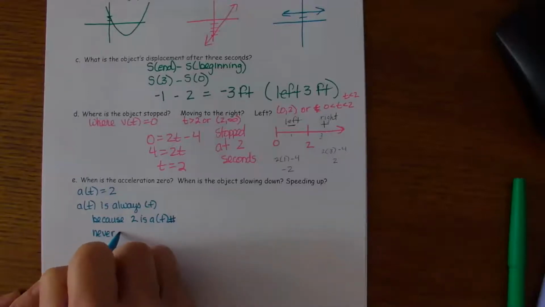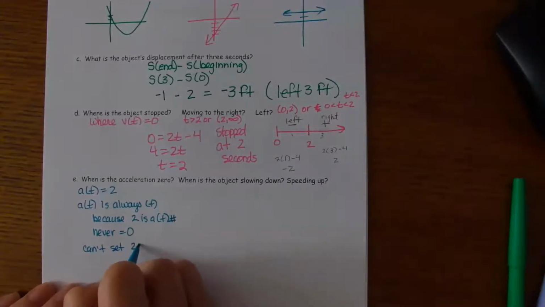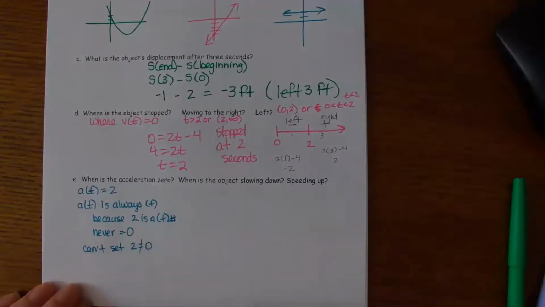Never equals 0. Can't set 2 equal to 0, right? No variable. So I want y'all to notice that in your math problems. If you have a number and there's no variable with it, you can't change it, right? It is what it is.